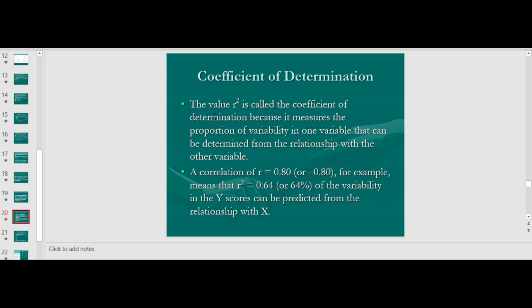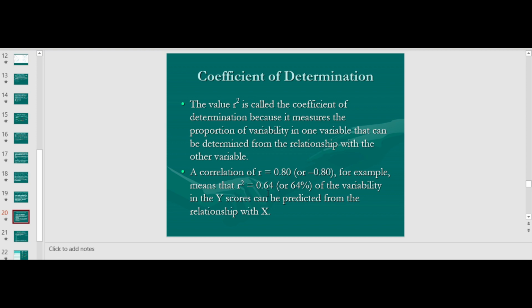Coefficient of determination: the value r square is called the coefficient of determination because it measures the proportion of variability in one variable that can be determined from the relationship with the other variable.